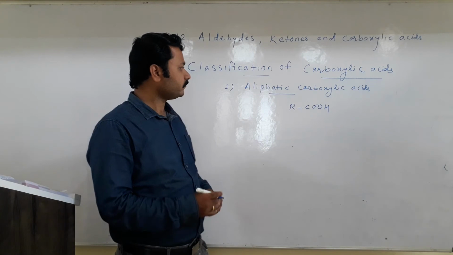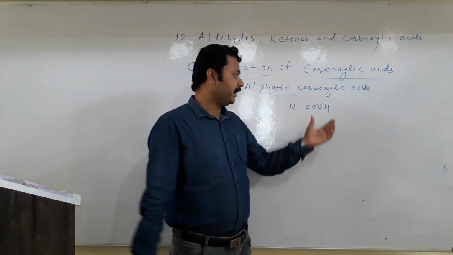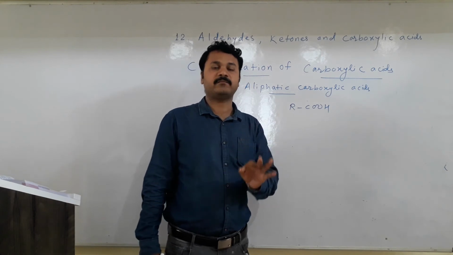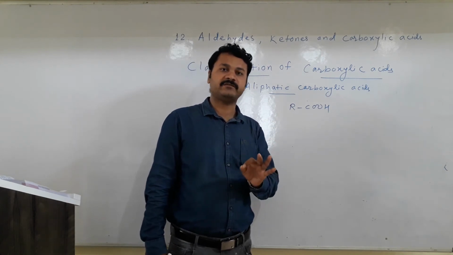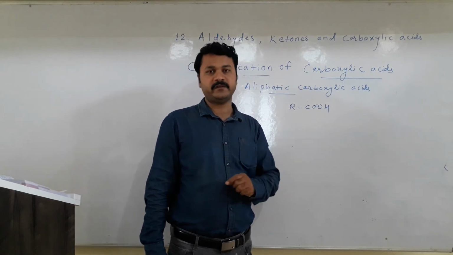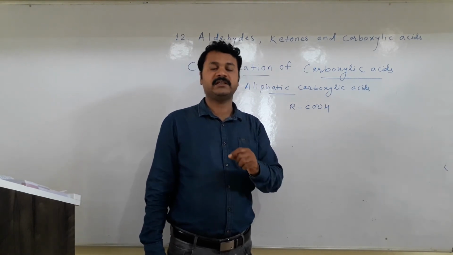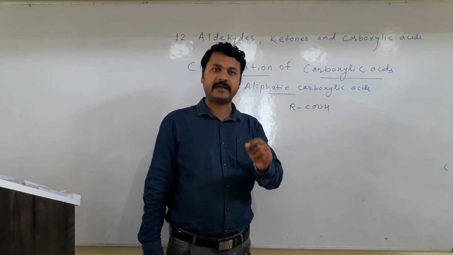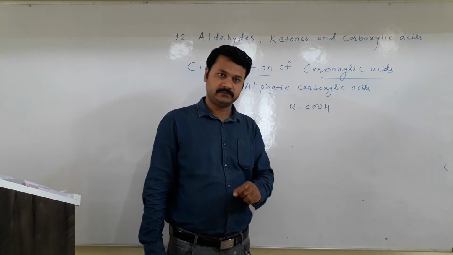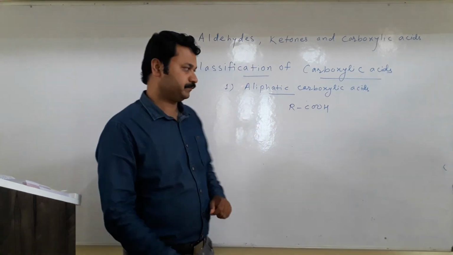Then, further, depending upon the number of COOH group, aliphatic carboxylic acids are further classified into three types: monocarboxylic acids, dicarboxylic acids, and tricarboxylic acid. This classification is based on the number of COOH group.